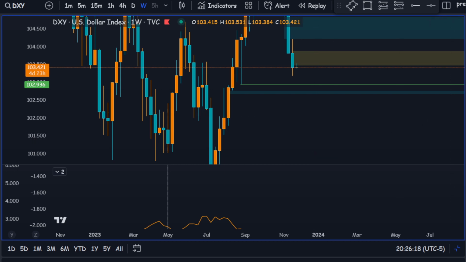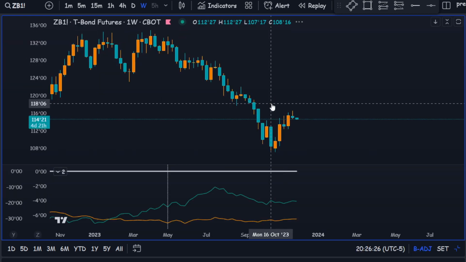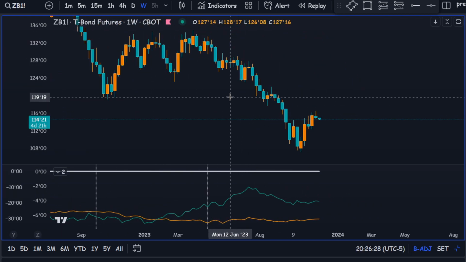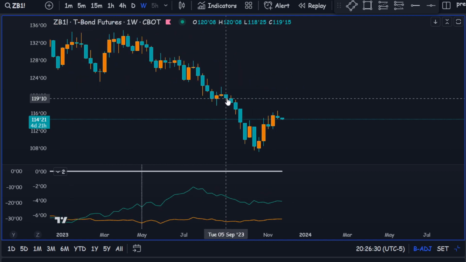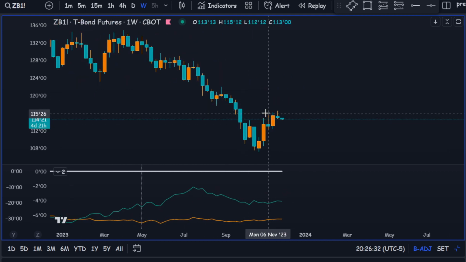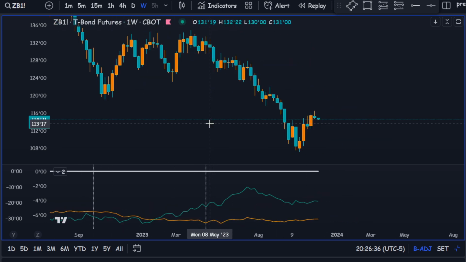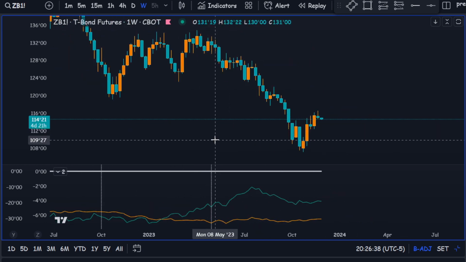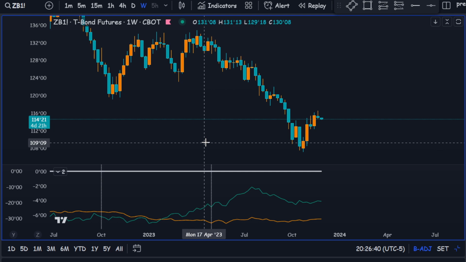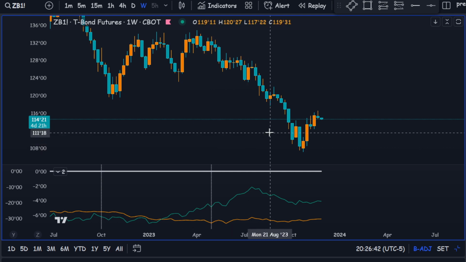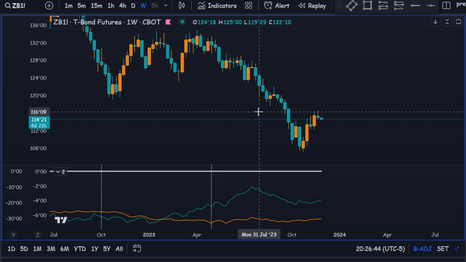Anyway, to our bonds. We'll just talk about the bonds. We won't actually do anything with them because these bonds really should have either turned up or turned down, one way or the other, one thing or the other.